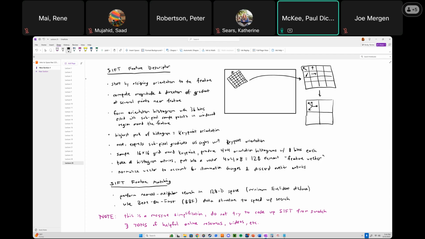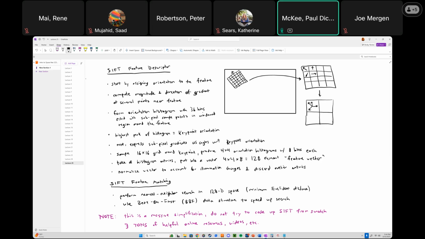Yep. Produce a 4 by 4 orientation histogram with 8 bins each. You drew 16. You said there were 8, but 4 times 4 is 16. So I'm trying to figure out, is it like a 2 by 4 or is it 16 bins?